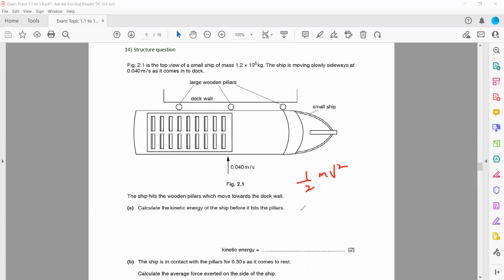So it is half m, which is 1.2 into 10 to the power 6, times 0.04, and then square will be there. So this will give a very large value in exponent.